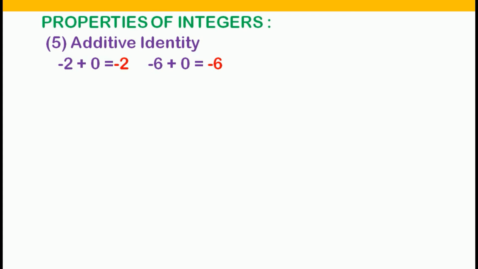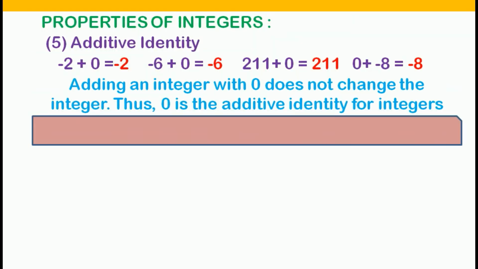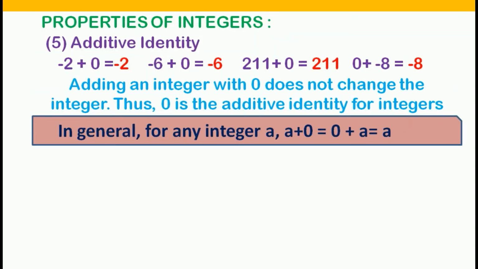Minus 6 plus 0 gives minus 6. 211 plus 0 is equal to 211. 0 plus minus 8 is equal to minus 8. That means adding 0 to an integer does not change the integer. Thus, 0 is the additive identity for integers.